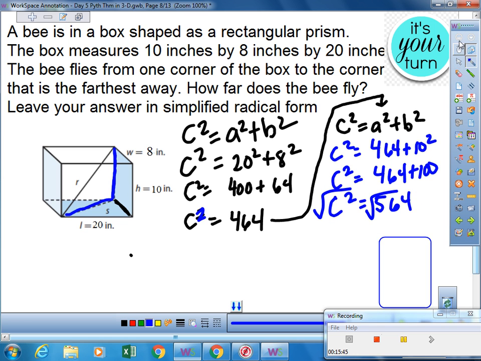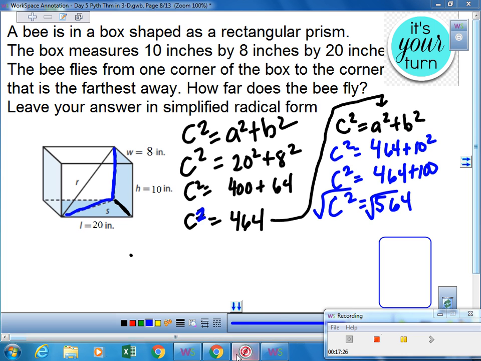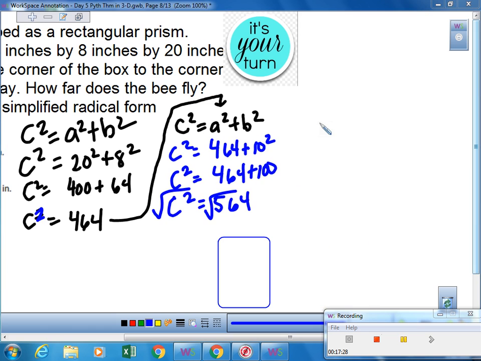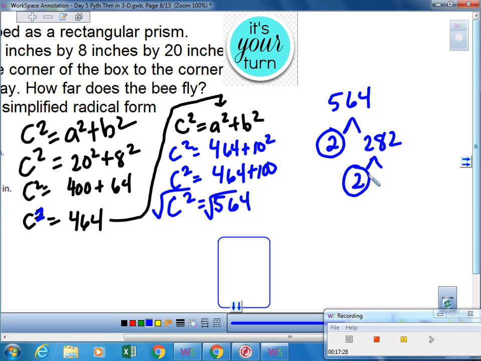Factor it. What can you divide? Come on, little board. What can you divide 564 by? 2. Then it becomes what? 282. And then you can divide by 2. And what does it become? You can divide by 3. And what does it become? 47? Can you divide this one? No, I don't think so.